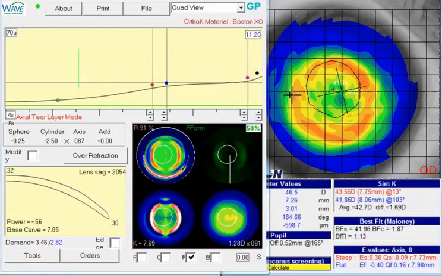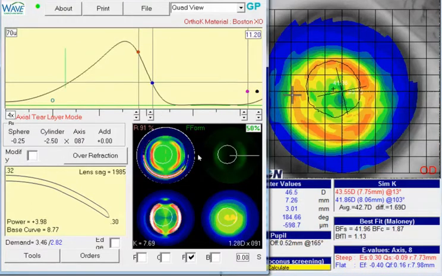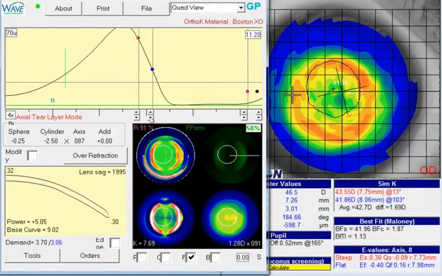And then what we could do in the horizontal meridian is the opposite. So we'll increase topo demand here by about a diopter. And then maybe get the lens to bear down a little bit more here and ensure we're really sealing off.